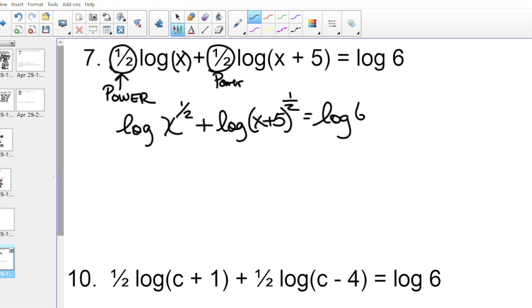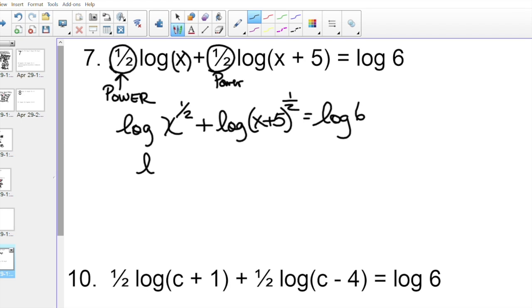See, we're going backwards. When you drive in a vehicle, going backwards is a lot harder than going forward. And that's what we'd have to realize: we're going backwards to solve these equations. We're bringing the number in front of the word log and making it a power.